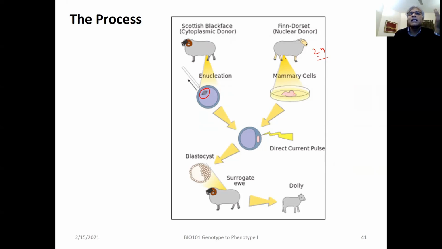Which means the diploid nucleus of a skin cell has the potential to give rise to a whole new organism, provided it is reprogrammed in such a way, and that reprogramming takes place within the oocyte because it has a very specialized cytoplasm. It can reprogram the whole genome.